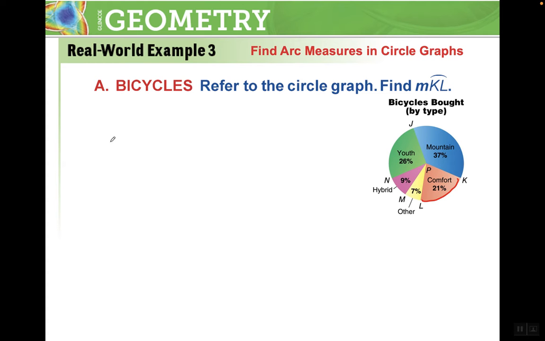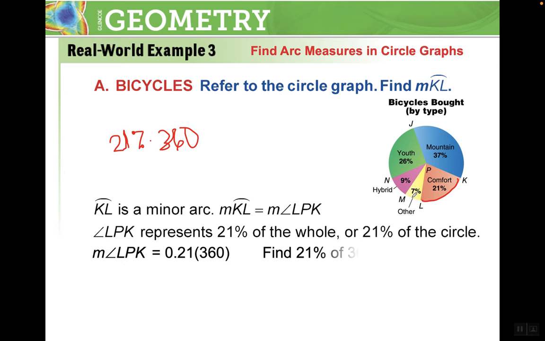So we know that 21% of 360, you're going to take 0.21 times 360, and then you're going to have the number of degrees. Maybe I should just let the PowerPoint do it. So 0.21 times 360 is 75.6. So the measure of arc KL is 75.6.